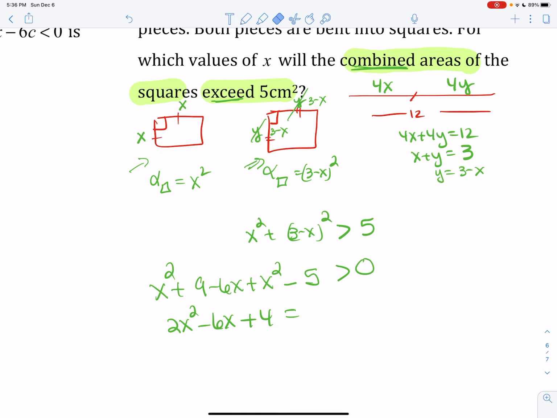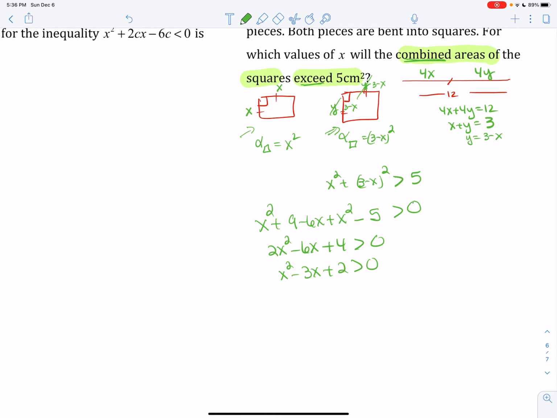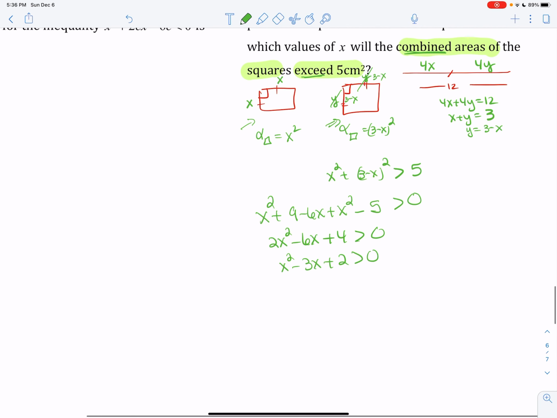Oops, not equals. It's supposed to be greater than. Sorry about that. Greater than 0. If I divide by 2, that is x squared minus 3x plus 2, greater than 0. And we want to find those critical key numbers. That factors to x minus 2 and x minus 1. So we have a key number at 2 and a key number at 1.